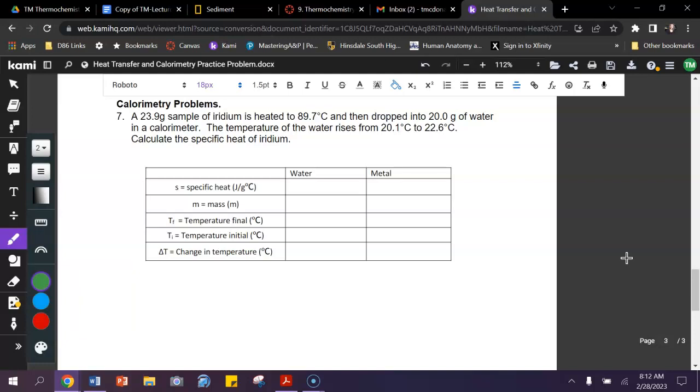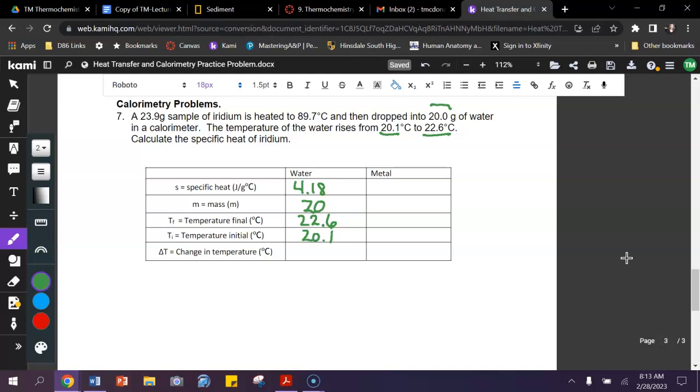So we already know that the specific heat of water is always the same, and that is 4.18. The mass of our water is 20 grams. Our final temperature of the water is 22.6 degrees, and our initial temperature of the water was 20.1 degrees.